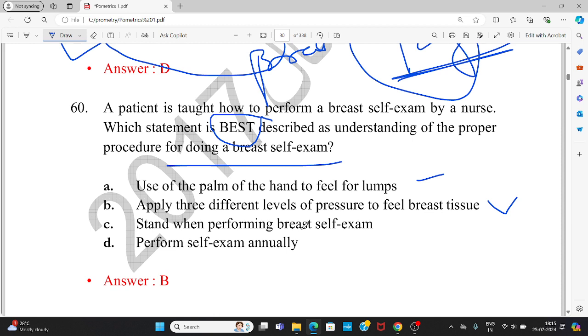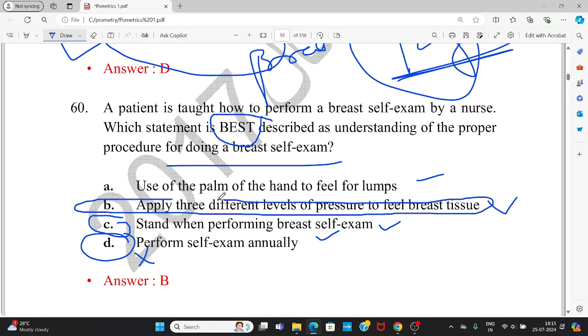Stand when performing exam. Perform exam annually. Anyways, this is wrong. It is not annually, it is monthly. Stand when performing exam. That's not the position. Apply 3 different levels of pressure. Yeah, you should have a deep palpation, mild palpation, and a superficial palpation. This is the answer. Okay.